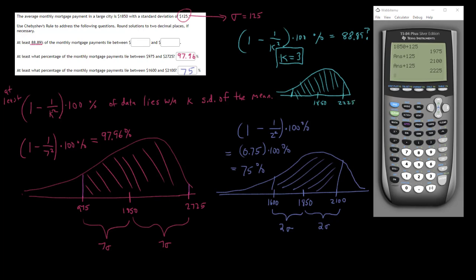Now, how do you get the lower one? You subtract 125 3 times. So 1850 minus, now you could do minus 125, minus 125, minus 125, but that's the same thing as minus 125 times 3, which gives you 1475.